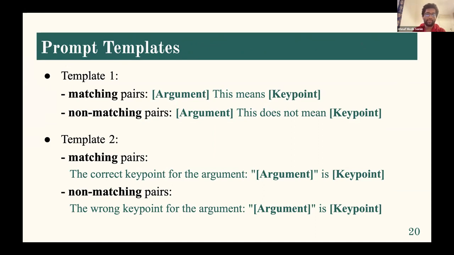We have to create sub-templates because for the second classifier in our architecture, we need examples from both the matching and non-matching pairs. So these are our two templates: the argument, this means, and then the key point. And template 2 is: the correct key point for the argument is this key point. And for the non-matching pairs: the wrong key point for the argument is the key point.